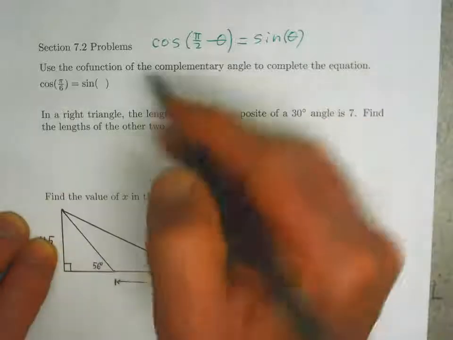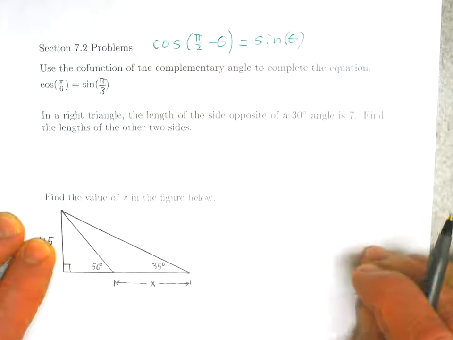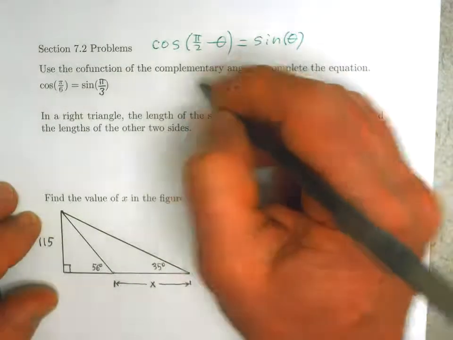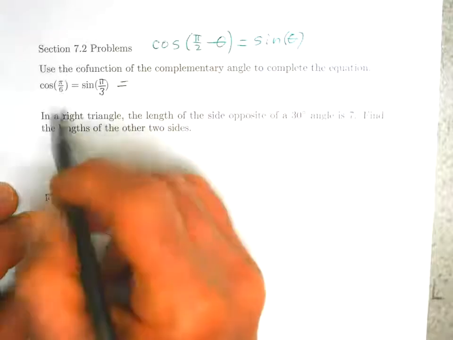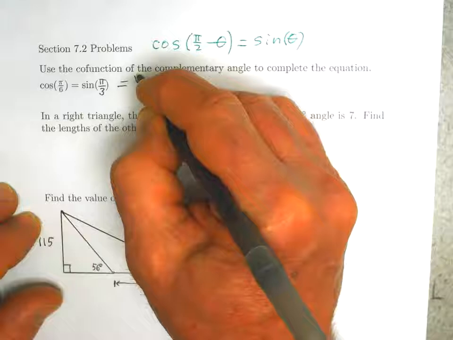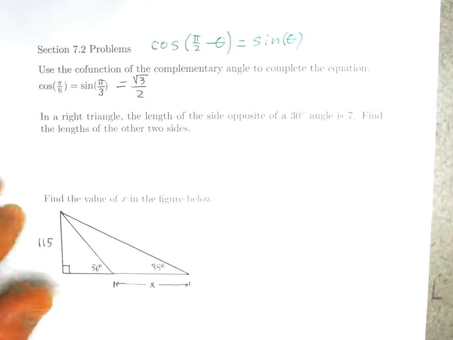So cosine of pi over 6 is equal to the sine of pi over 3. We already knew that. Remember that cosine of pi over 6 is the square root of 3 over 2, and sine of pi over 3 is square root of 3 over 2.